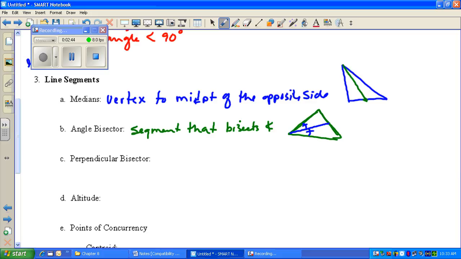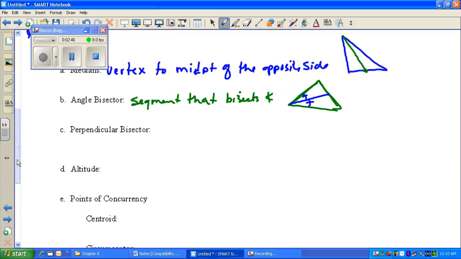A perpendicular bisector goes to the middle or midpoint of a side. So it goes from the midpoint of a side of the triangle and is perpendicular. So what would that look like?